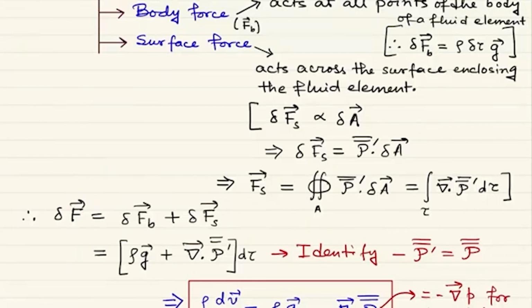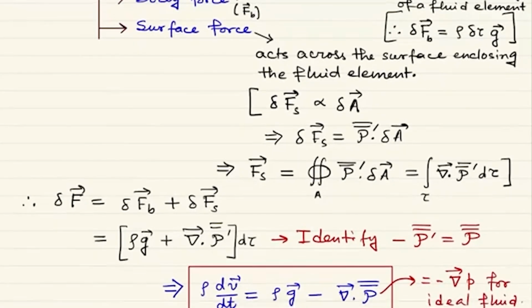If you simply identify this P prime term, this new tensor, to be minus of the pressure we introduced in our original derivation, then we simply get back our ideal fluid equation.